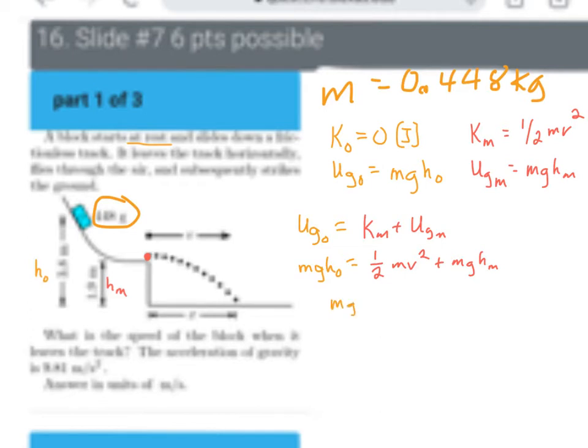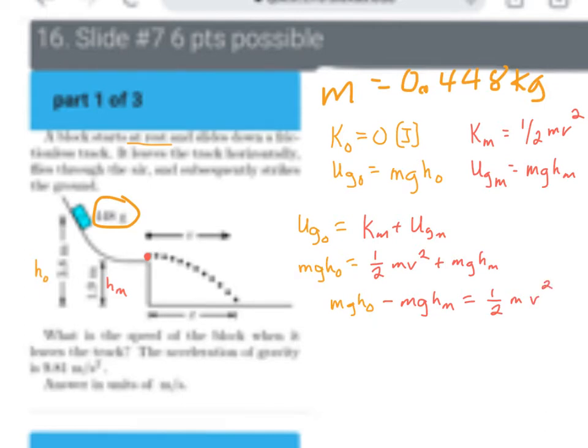So mgh0, we're going to move the other mgh to the left side. To do that, we have to do subtraction, minus mghm, and that's going to be equal to the kinetic energy. We'll leave that on the right side, and we will ultimately solve for v over here on the right side.